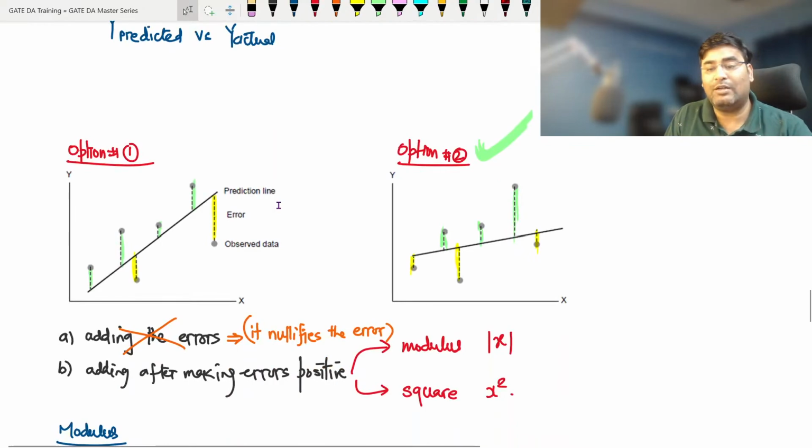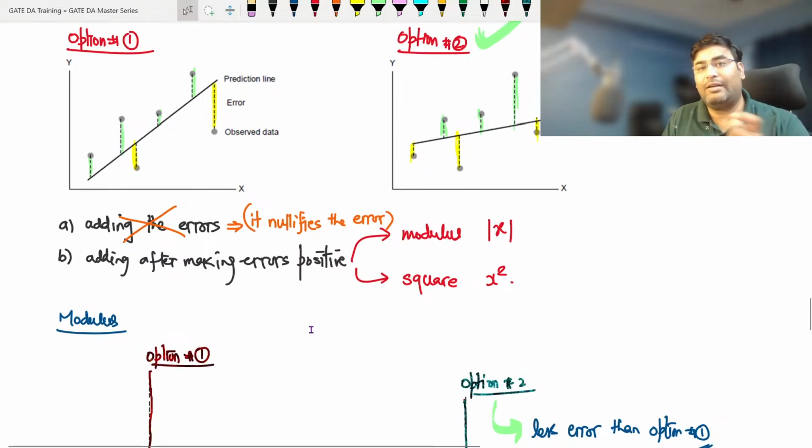Are we going to do just a simple sum of the errors? The answer is no. If you do just a simple sum of the errors, the errors will tend to nullify each other and you will be incorrectly capturing the errors in the model. Then what is the solution? You think, okay, even if the error is negative, we'll take it positive. So the intuitive idea comes to your head: we'll make it the modulus of the error to make it positive.